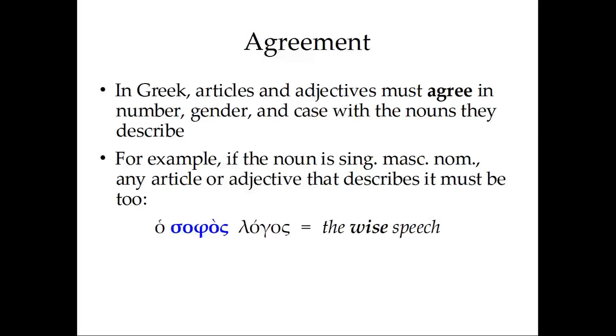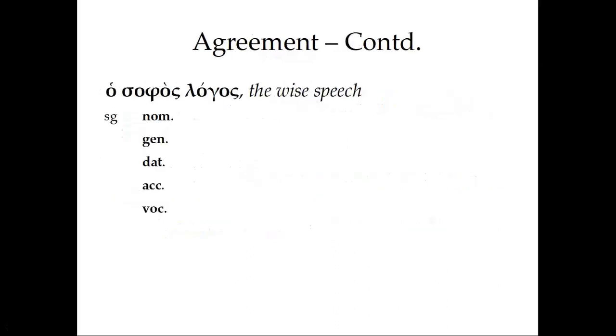Now, let's look at what this looks like, the full declension in the singular of this. Ho sophos logos, the wise speech. Here we have the forms of the definite article, and here the endings are using the color coding that I've come up with. Sophos, these are the forms of the adjective sophos, in the masculine. You can see that in this particular case, all the endings are almost the same.